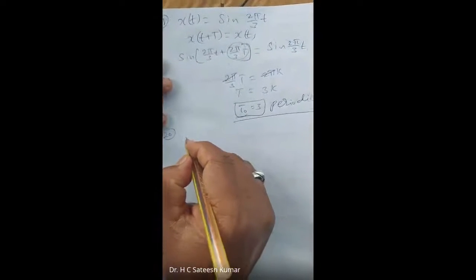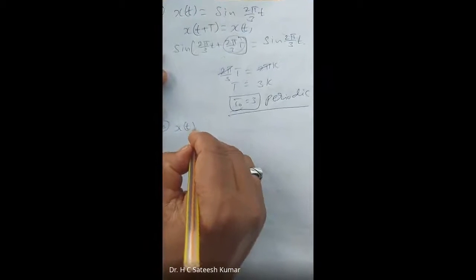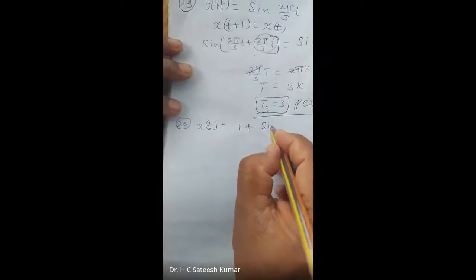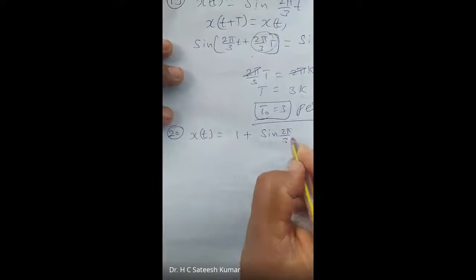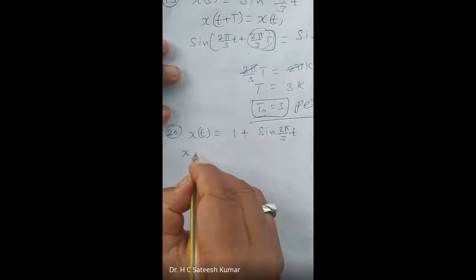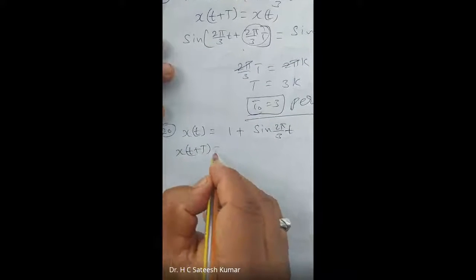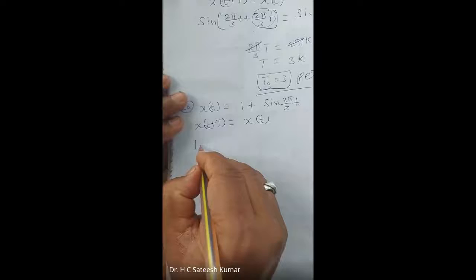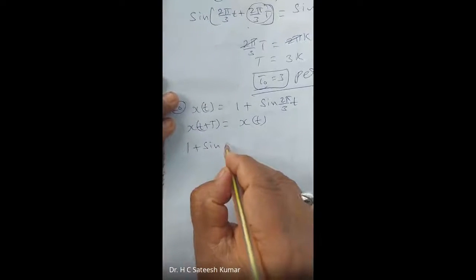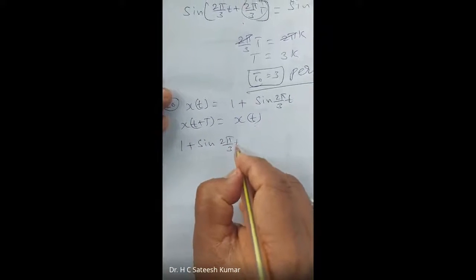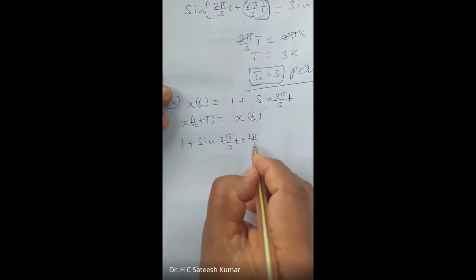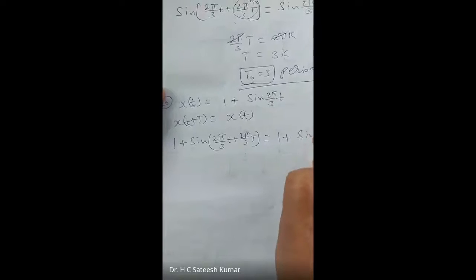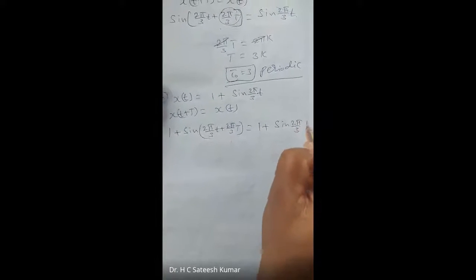Let us have a signal x of t is equal to 1 plus sine of 2 pi by 3t. x of t plus T is equal to x of t. x of t plus T is 1 plus sine of 2 pi by 3t plus 2 pi by 3 T, which should be equal to 1 plus sine of 2 pi by 3t.